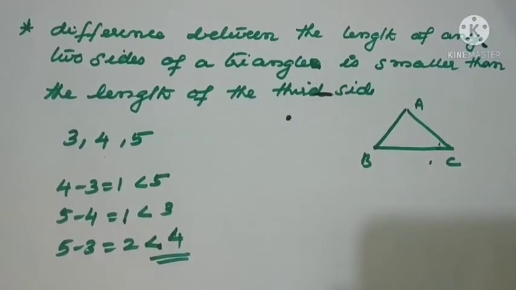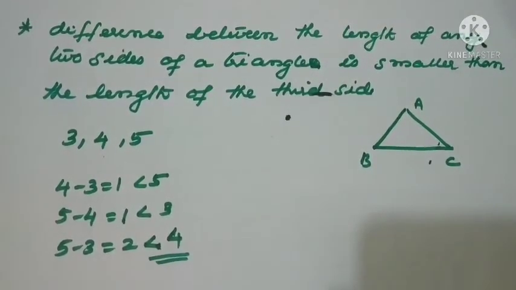In case you are going for the difference, what is the condition? The difference between the lengths of any two sides of a triangle is smaller than the length of the third side. So when we take the difference, it is less than; when we take the sum, it is more than. This criterion must be satisfied, otherwise we cannot construct the triangle, right?